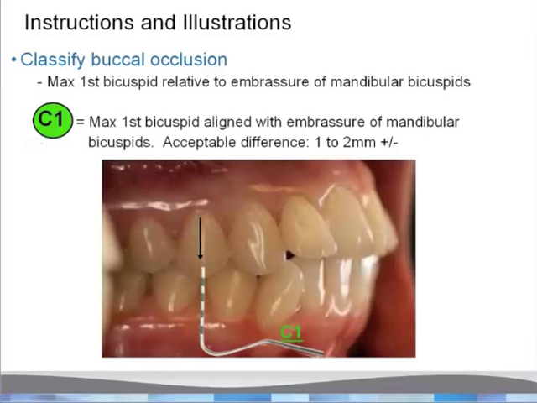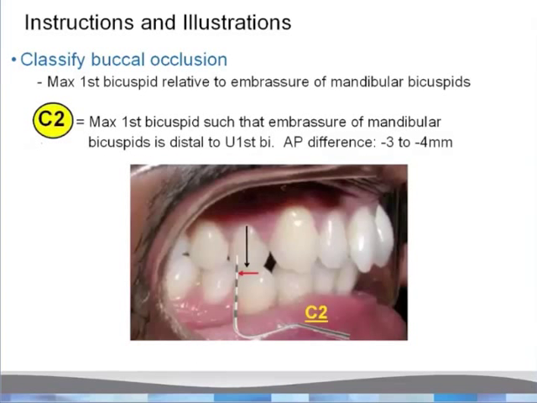Now, there is a little bit of variation that can exist. A 1 to 2 millimeter difference would still be classified as Class 1 in the use of the templates. Now, we use that same criteria looking at the lower embrasure relative to the upper first bicuspid. If that embrasure is distal to the upper first bicuspid, then that would be a classification of Class 2.